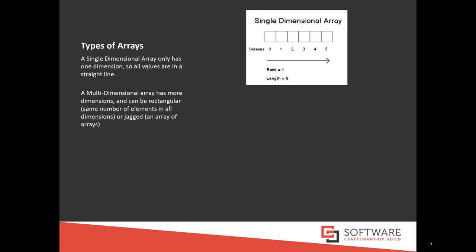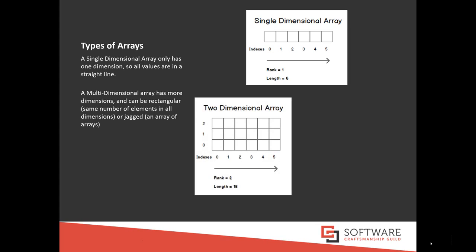A multi-dimensional array has more dimensions, and these arrays can be rectangular, where you have the same number of elements in all directions. This would be like a box, a grid, or a cube. Or you can also have a jagged array, which is basically an array of arrays. First, let's look at a two-dimensional rectangular array. In this case, we still have 6 elements across one dimension, but we also have 3 elements across the second dimension.